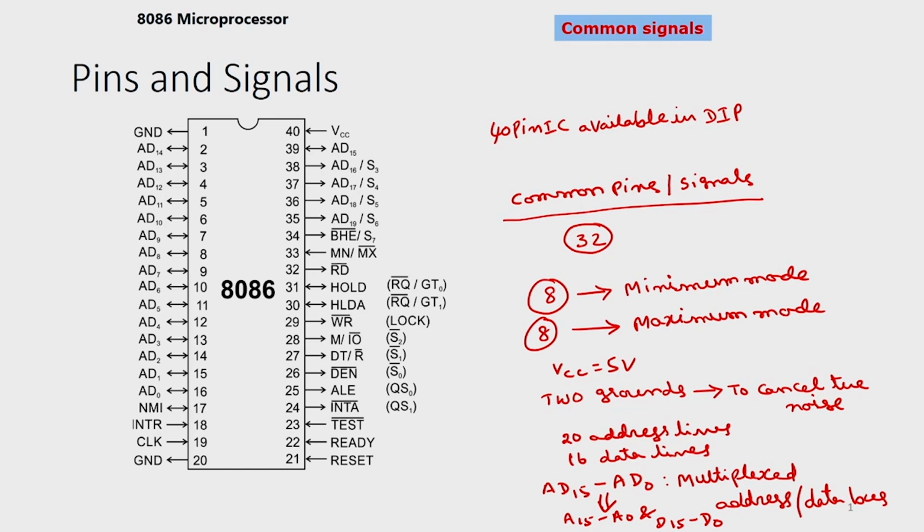Normally, in the first T cycle, you have the lower address bus. So, when will this multiplexed address data bus be used for carrying the address? It is during T1. T is the T state, one clock period of any microprocessor is called one T state.